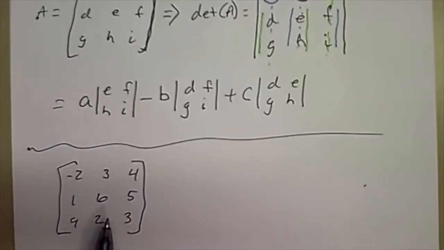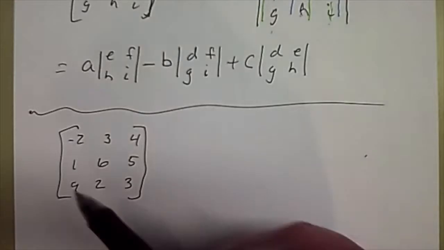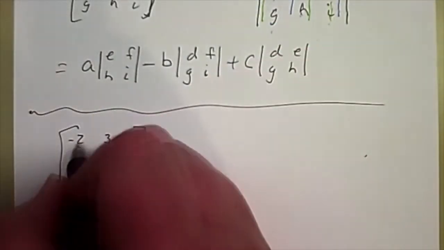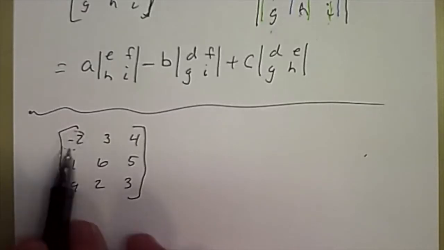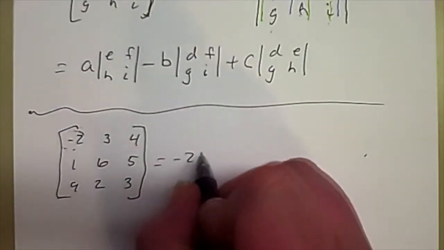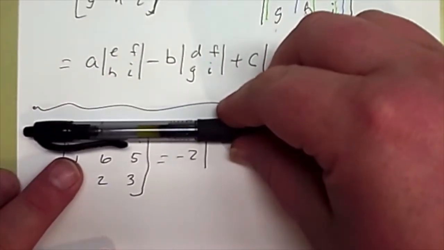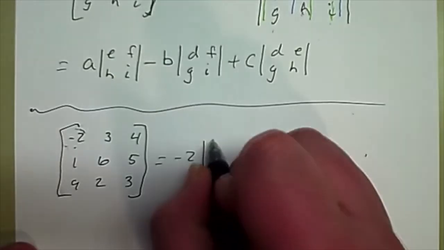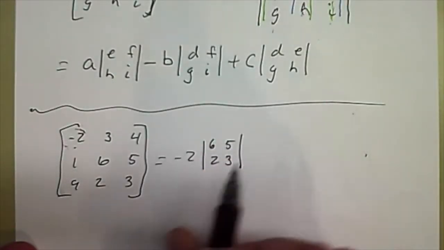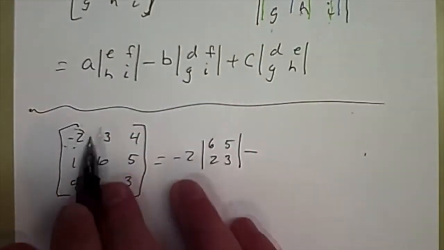All right, so we want to find the determinant of this matrix, and we're going to follow this pattern here. I'm going to take the first spot here, same sign, so I get -2 times the determinant. Take this row and this column out, 6, 5, 2, 3. And then minus B, so that's this one here.